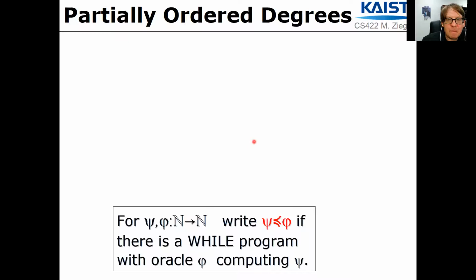So now recall, I want to make this statement of Friedberg and Muchnik's answer to Post's problem more transparent. So recall our new notion of reduction between function problems using Oracle programs.